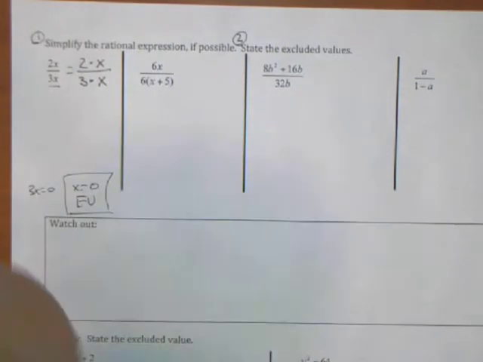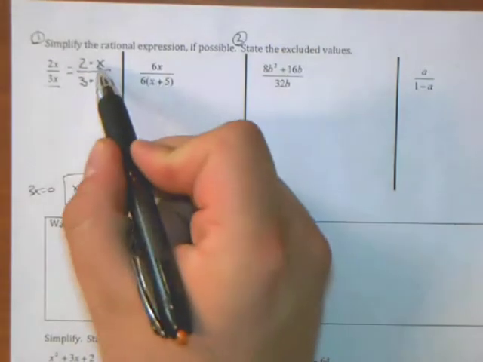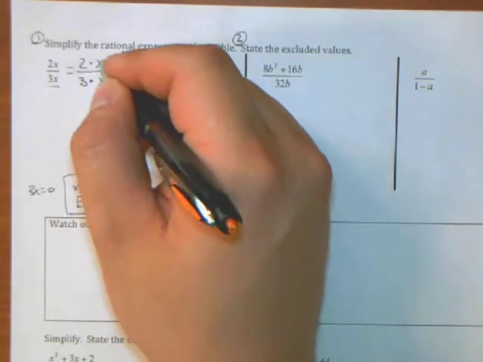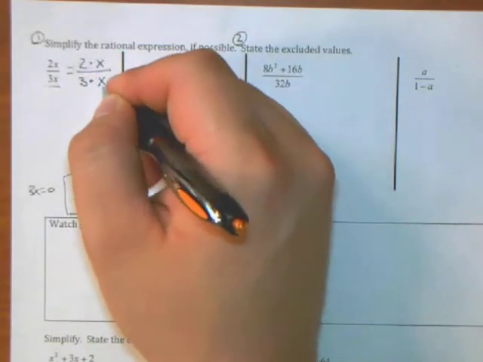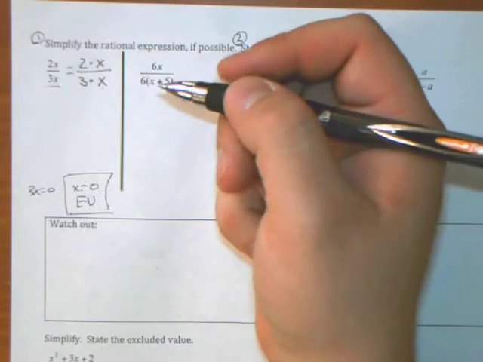Is there anything in common on top and bottom? Are there any factors in common? Jack's found one. What factor is in common? The x. It's a factor because it's multiplied to everything. And it's the same. What's anything divided by itself? One.